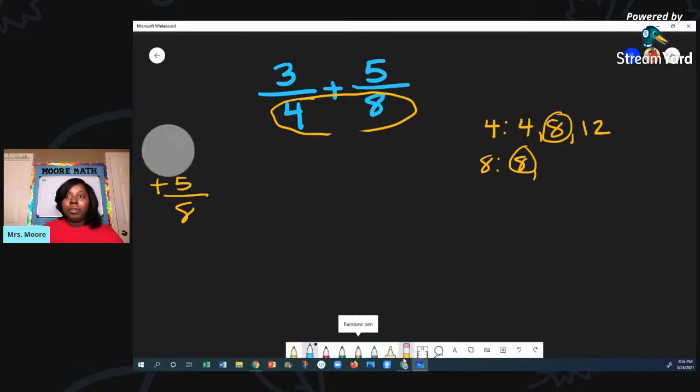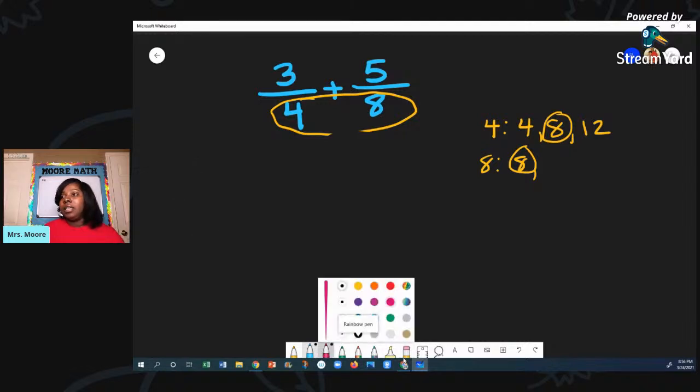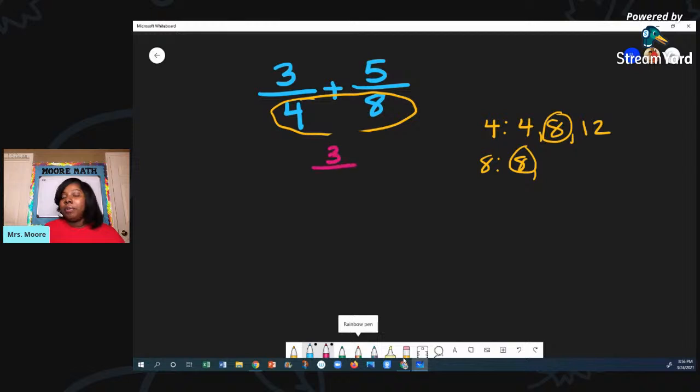I'm going to move this over here and use a different color. All right. So I have 3/4 plus 5/8. All right, so 8 is my common denominator.